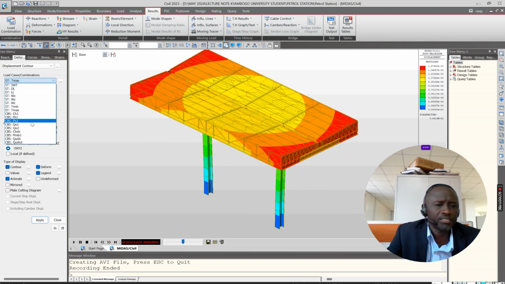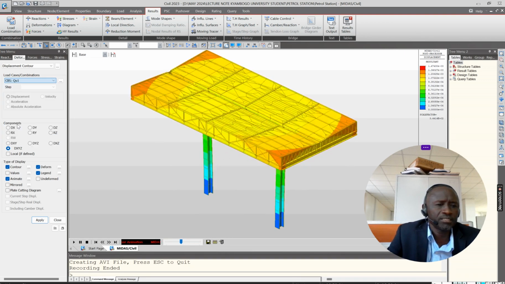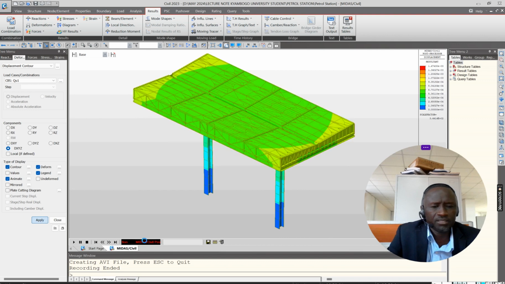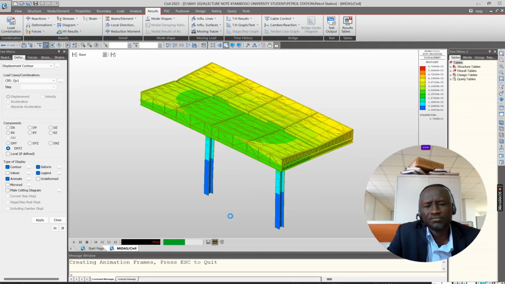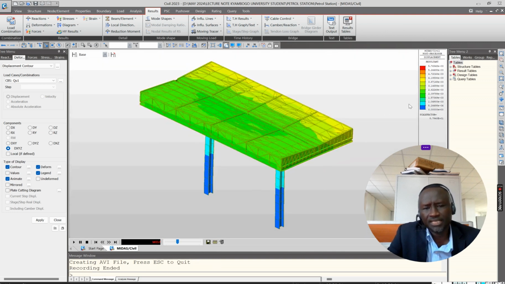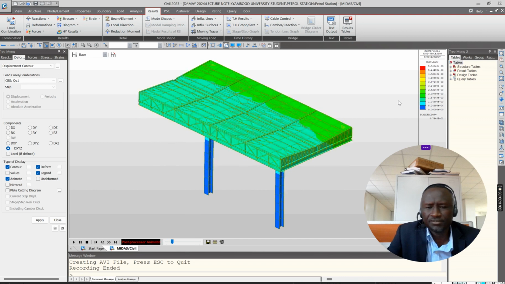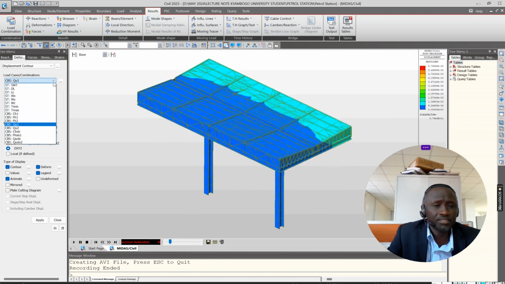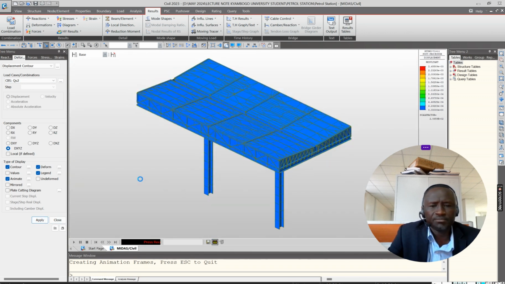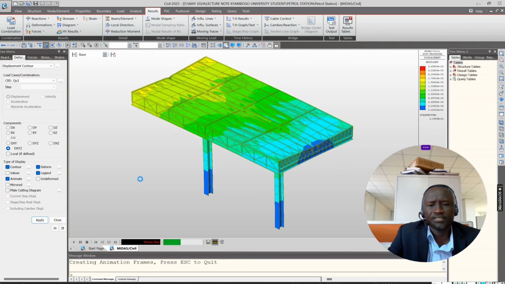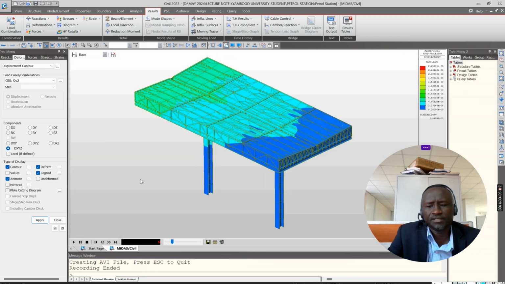So when you look at that in the x direction, look at the combination of dead load, self-weight, and wind in the x direction. Definitely that's how the structure behaves. And when I take it to the longer direction, how will our structure behave? That is how the structure behaves.